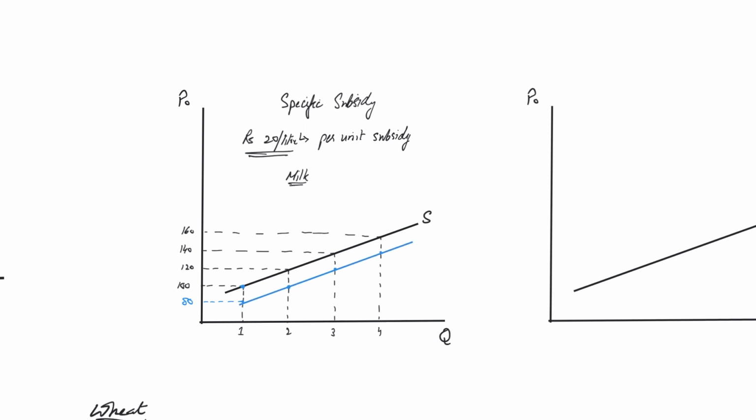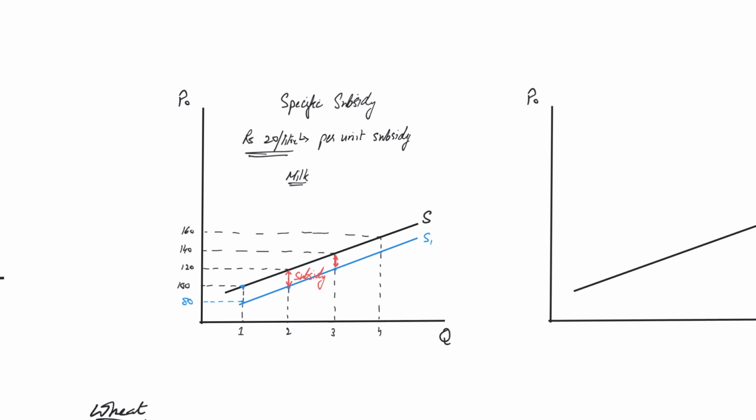And basically the subsidy is shifting the supply curve to the right, but technically it is shifting the supply curve downwards by the subsidy rate. This vertical distance, in the tax case, shifted it up because it raised the cost of production.